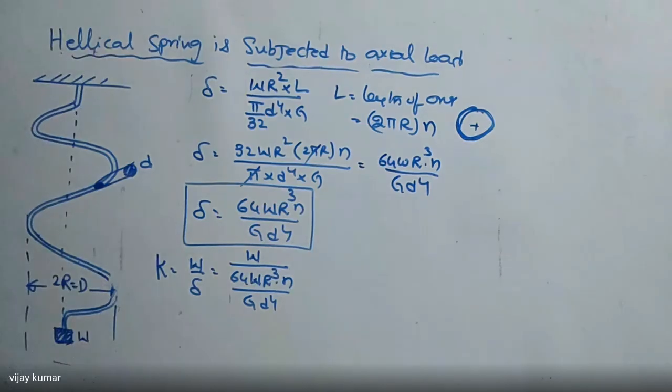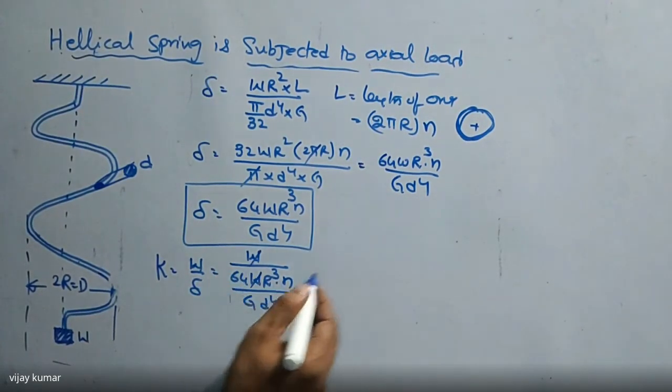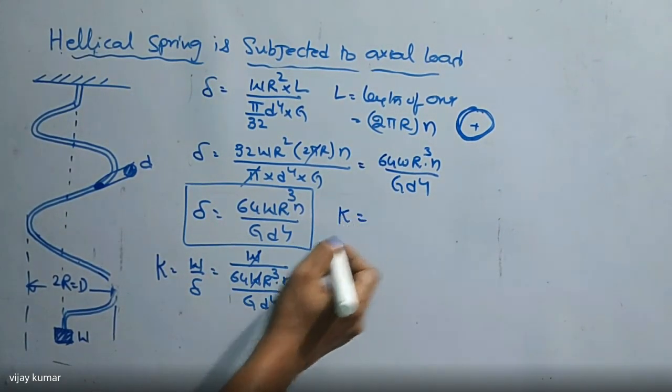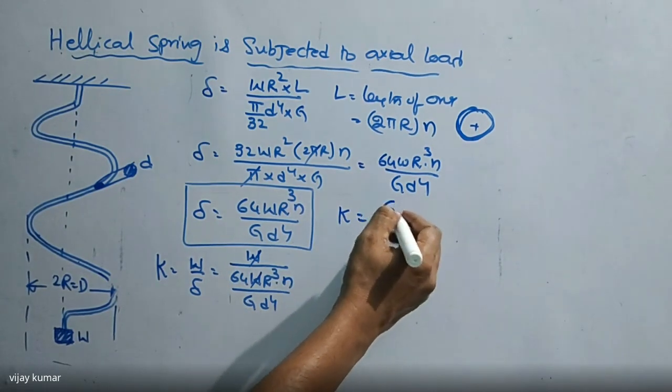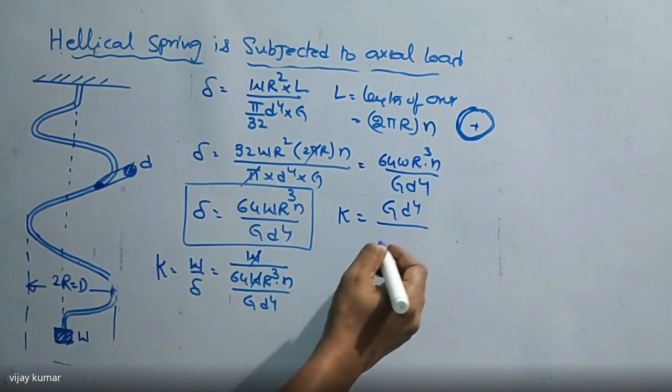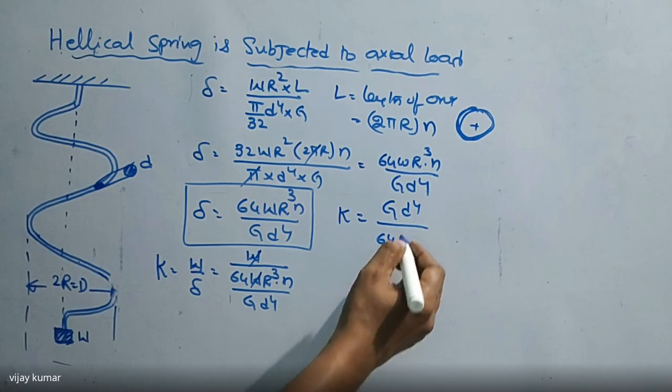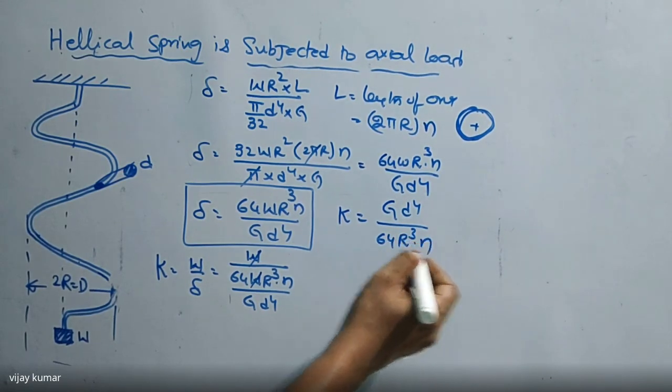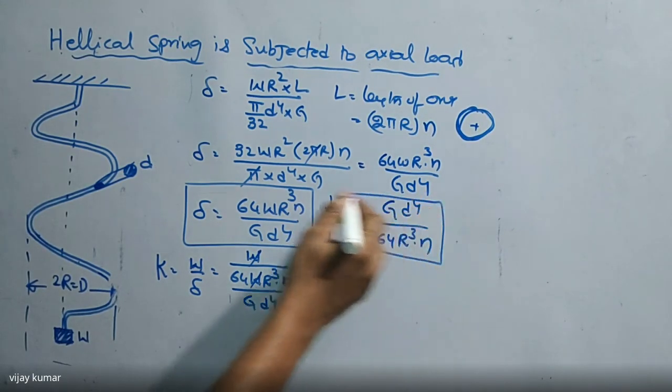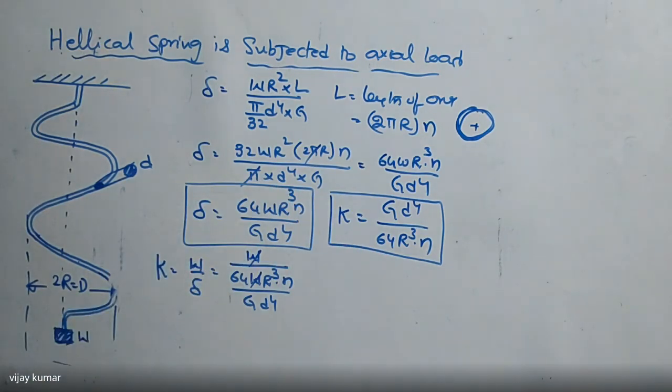The Ws cancel. Then K is equal to G into d power 4 divided by 64 times R power 3 into N, which is the stiffness of the spring.